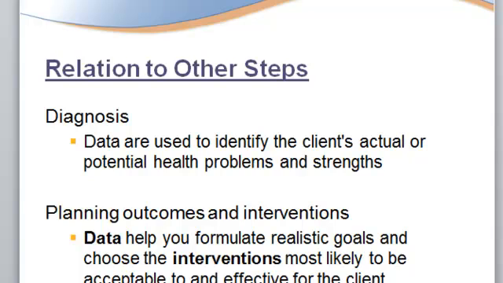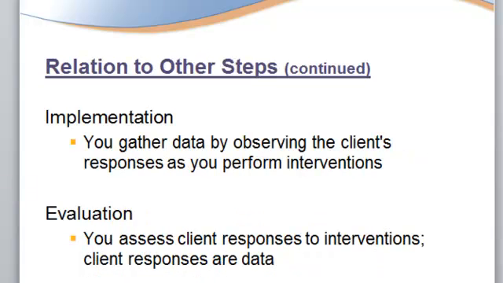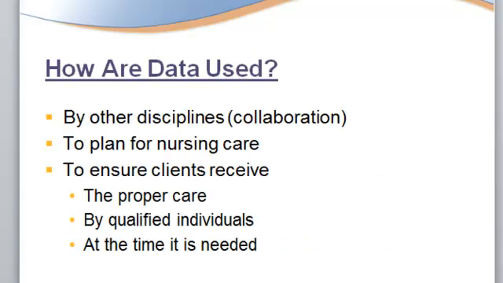These next two slides just go over the relationship to the other steps of the nursing process: the diagnosis, the planning outcomes and interventions, the implementation, and the evaluation. So when we gather this data, how is this data used? It's used by other disciplines in collaborating care.